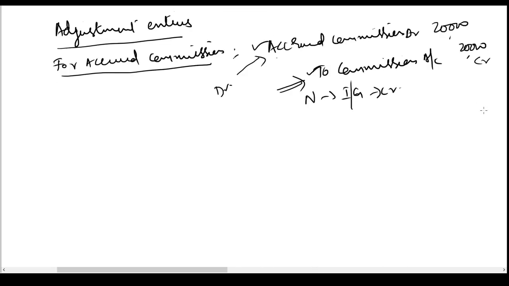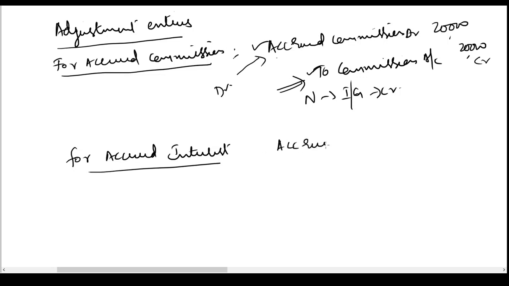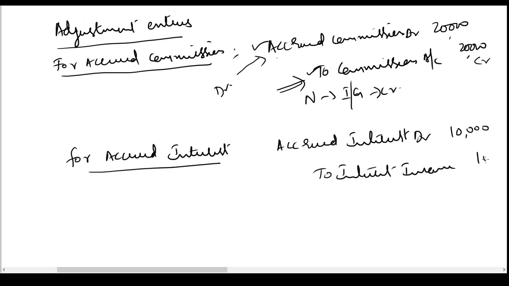Similarly, we had one more entry which had to be passed for accrued interest. The entry is accrued interest account debit 10,000 to interest income 10,000.